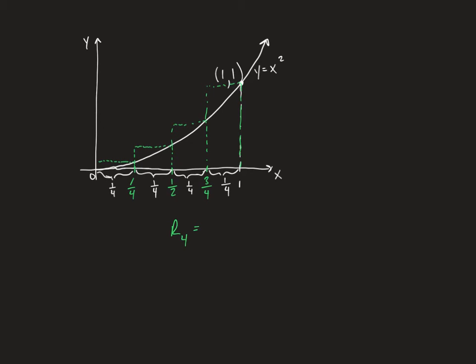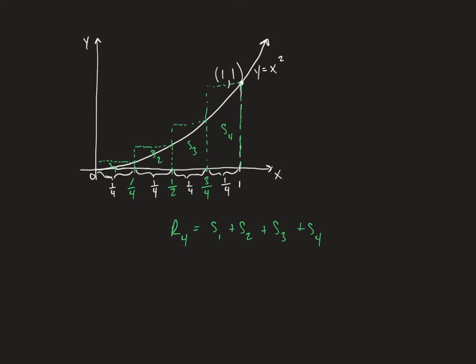So let's see what this sum actually ends up being. So we've got our first rectangle, the first space, plus the second space, plus the third space, and the fourth space. And this is just notation. You could use any variable you want, but essentially this is what we're saying here. That these are the 4 spaces we're adding together.